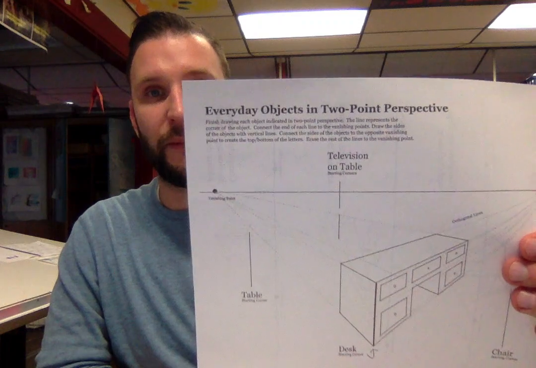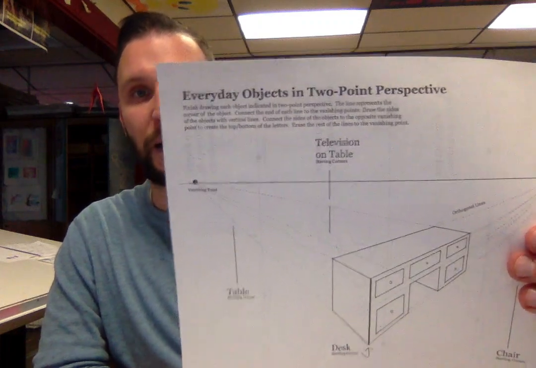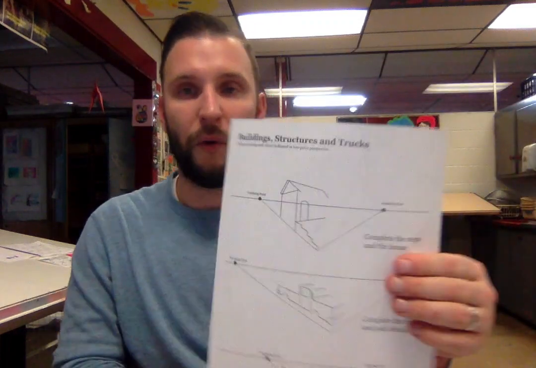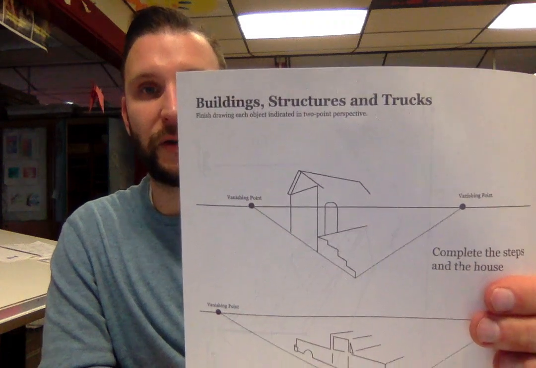You guys have the choice as to which side of this guided notes you do. Of course, you are going to complete the letters in two-point perspective, but throughout the rest of the time in class, you have the time to work on either the everyday objects in perspective or the building structures and trucks.